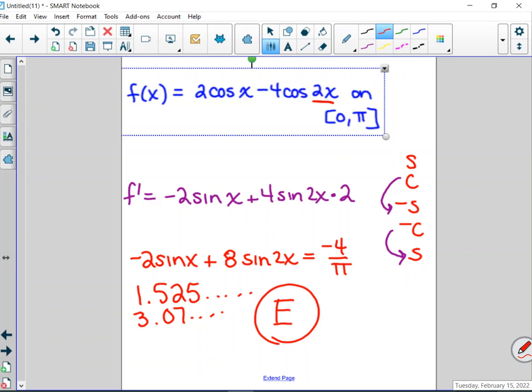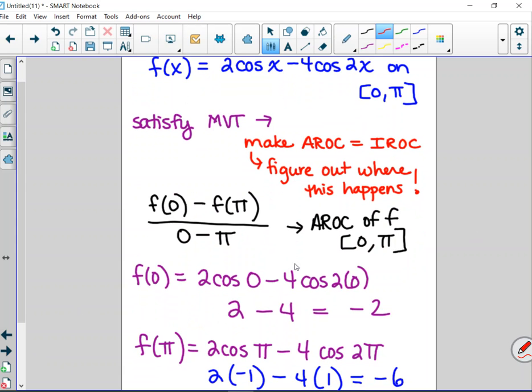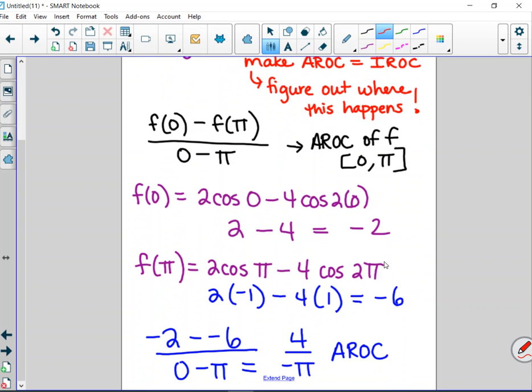Once you get past the fact you have to know mean value theorem, if you know what mean value theorem is about, you have to know what each of those things are. You need to know what an average rate of change is and an instantaneous rate of change is. The average rate of change, given the calculator, that part should be easy.